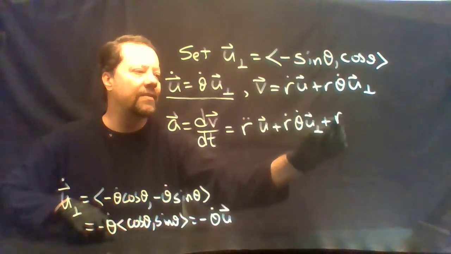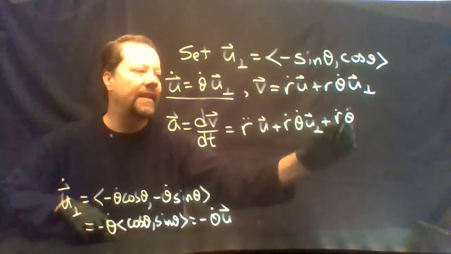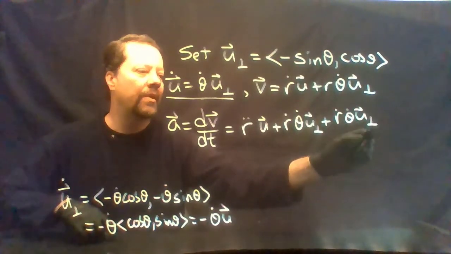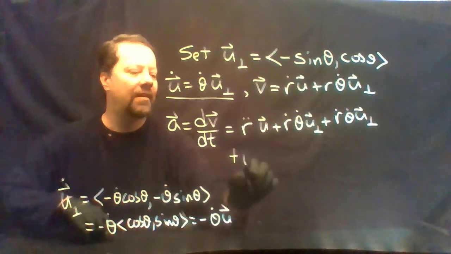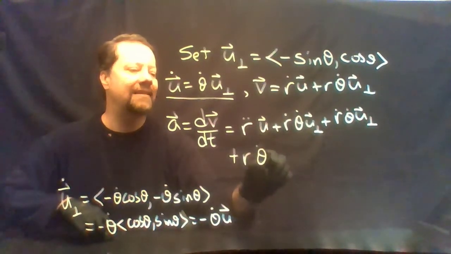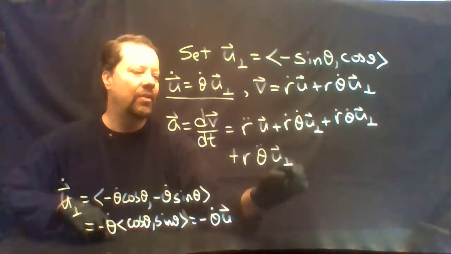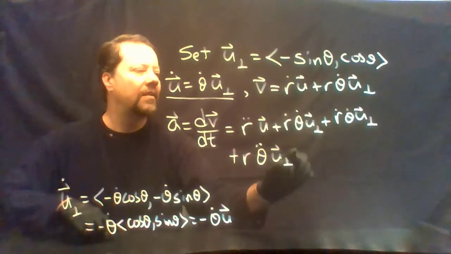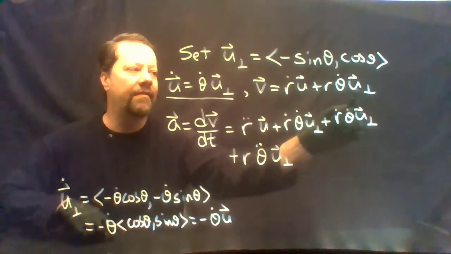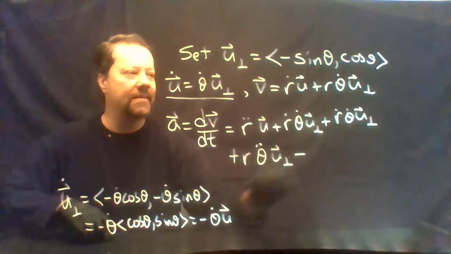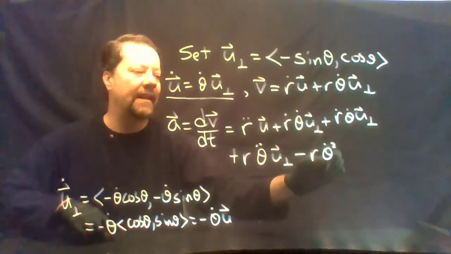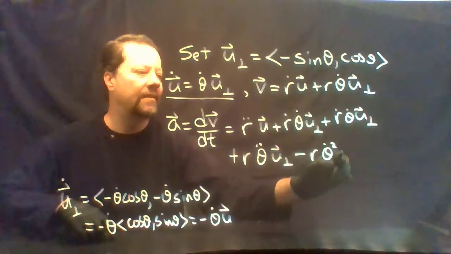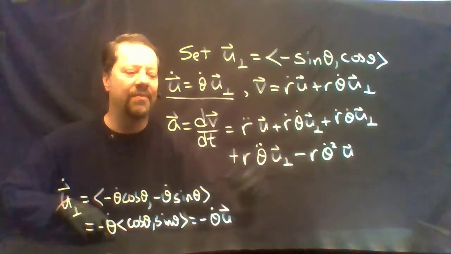That's going to be plus r dot theta dot u perp again, plus r theta double dot u perp, and then the derivative of u perp, that's going to be minus r. We get two factors of theta dot now, so we get a theta dot squared times u.